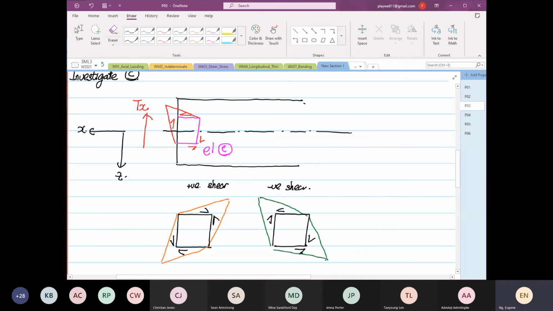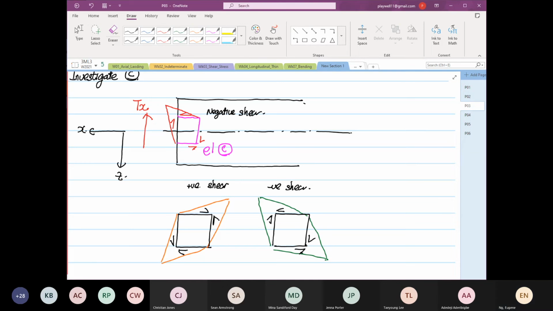So if you look at how our element is deformed, we realize that this is negative shear. Later on, I'll tell you in what situation this is very important, and in what situation it's not important.